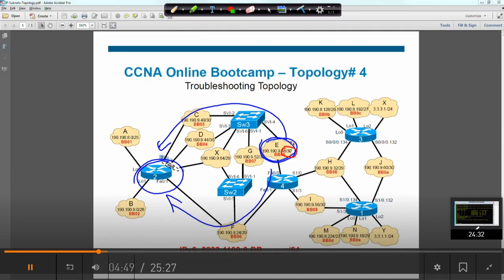Well, both switch 3 and router 4 are connected to that. So switch 3 will generate a type 1 router LSA for this interface, and router 4 will create a type 1 router LSA for this interface. But because network E is a broadcast network type, neither one of these type 1 router LSAs will describe the subnet mask.